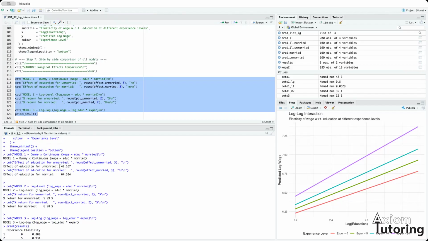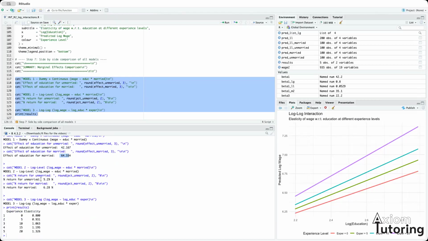So the effect of education for the unmarried, which was 42, and for the married, 64. In the case of the log level, we had for unmarried 529 and for the married 628, which we clearly expected to be different because now we had a log level model. And then again, for the log-log model, it changed because now we have full elasticity.